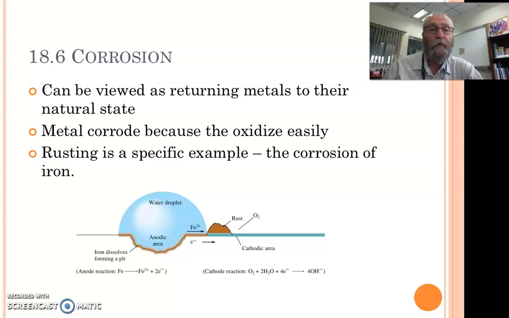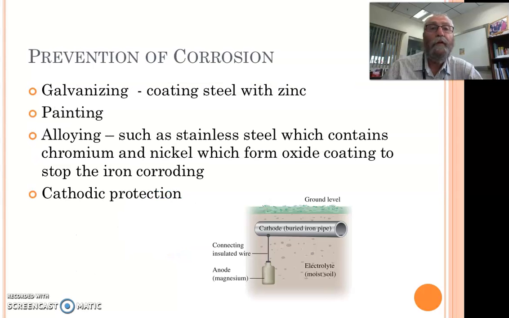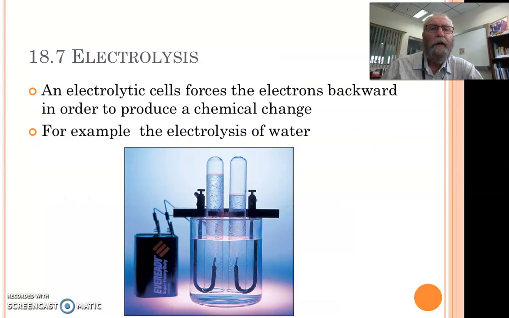Make sure that when you talk about rusting, it only refers to the corrosion of iron. It does not refer to other corrosions. Do be quite specific about that, and it is sped up by the presence of water. You can prevent corrosion through galvanizing, painting, alloying, and cathodic protection. These are occasionally asked about.